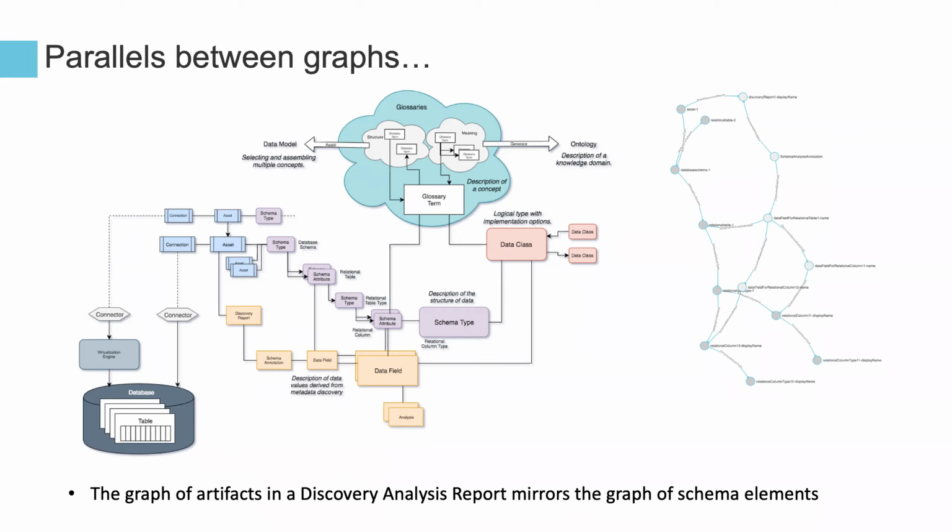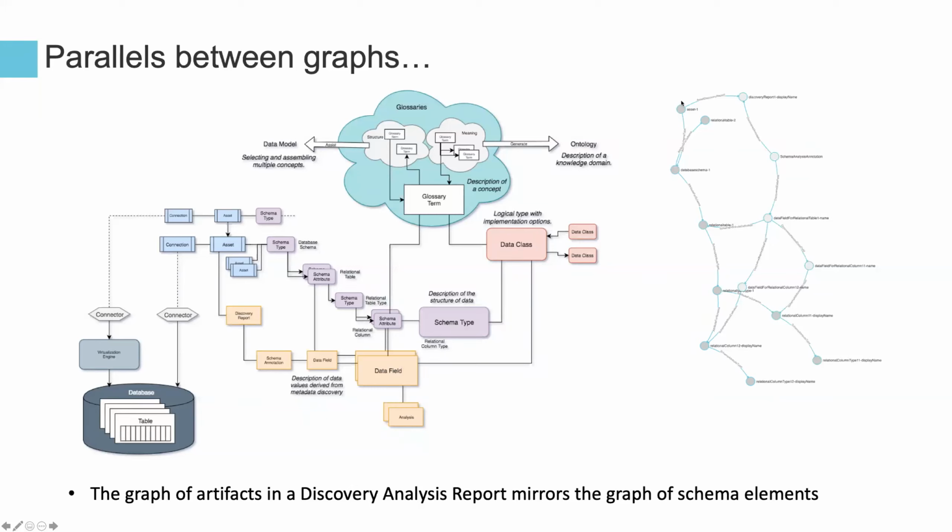So if you look over on the right-hand side of this picture, and this is not a great visualization, I apologize for the fact that it's not better, but the darker gray circles on this graph are describing the asset and the database schema and the table and columns that we saw in the pink boxes on the left. And then the automatically generated discovery report is the paler gray vertices on the right.